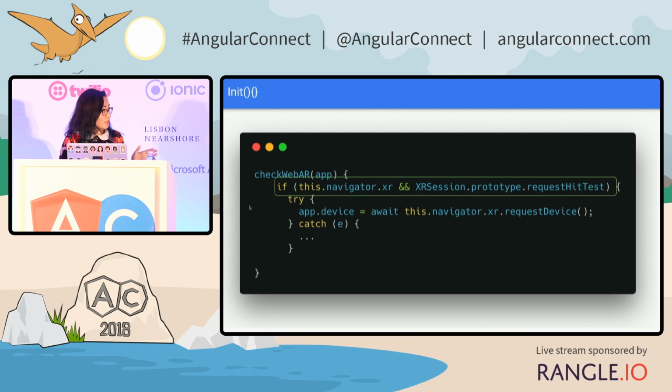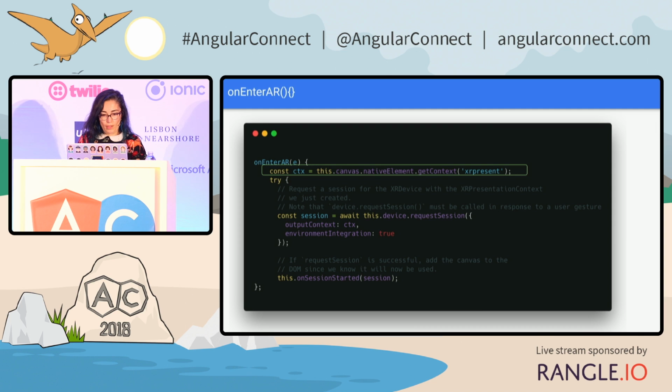And the first thing we check, to see whether WebXR is available on the device, is those flags that we enabled at the very beginning. For example, the request hit test. And what we render is a canvas with the video stream.